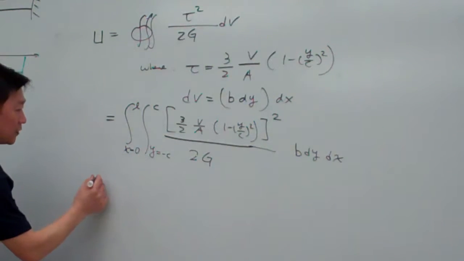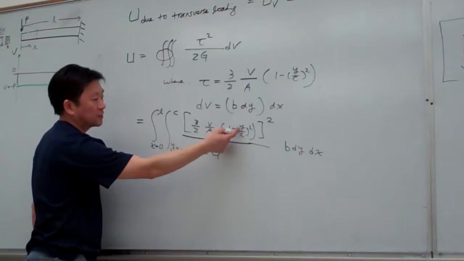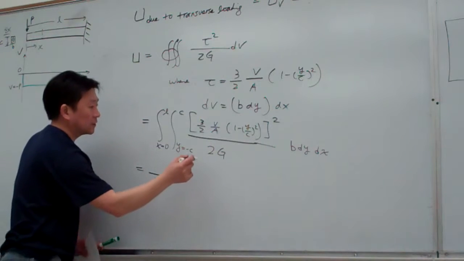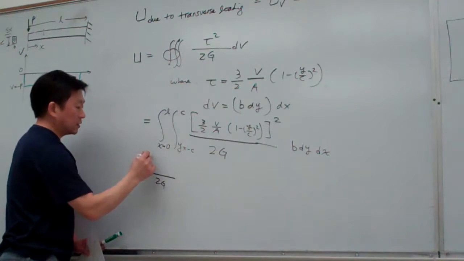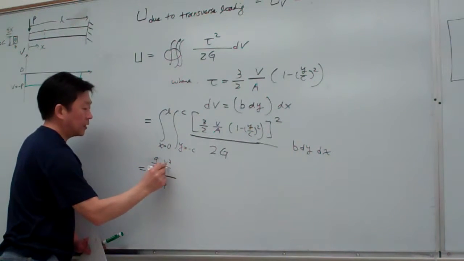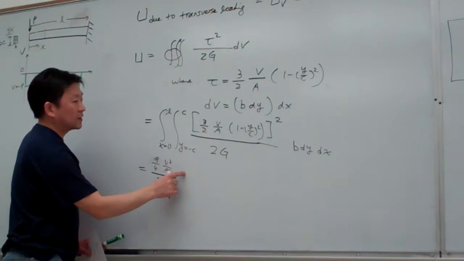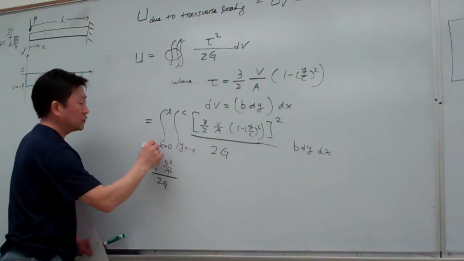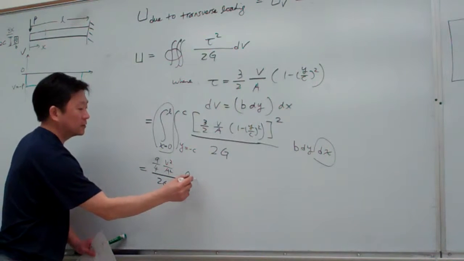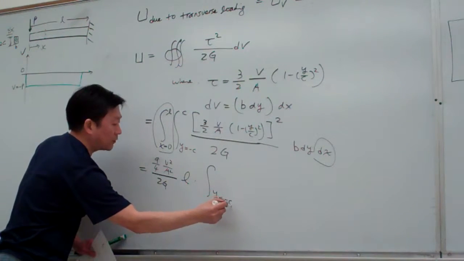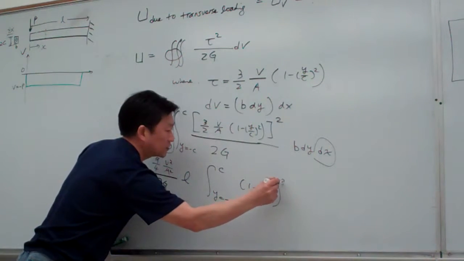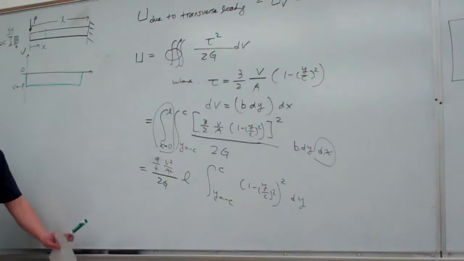Look at this equation carefully. You can see it is only a function of y, so everything is very straightforward. We can take out 2G, and this is 9/4 V squared over A squared. The integration with respect to dx is pretty much constant, so that becomes L. That leaves the integration with respect to y only, which is 1 minus y over c squared dy.